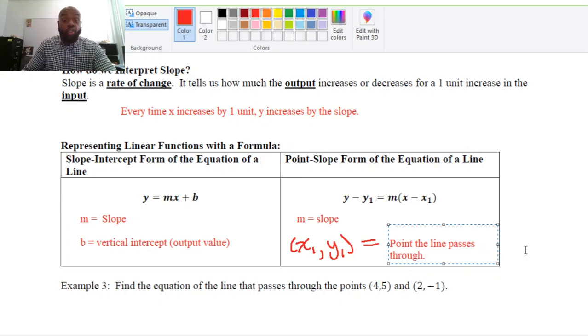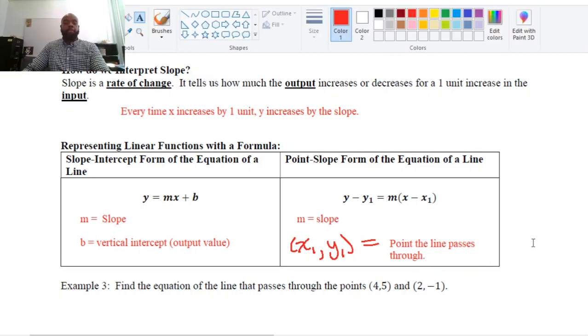So if there's a point you know that your linear function contains or passes through, then you can plug in the x-coordinate for x1, the y-coordinate for y1, and the value of your slope, and you will have a formula for the equation of your line.